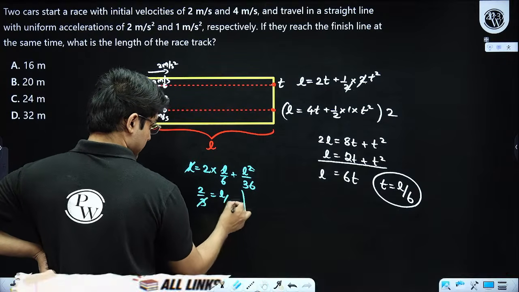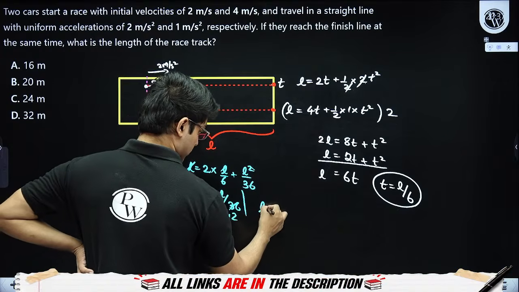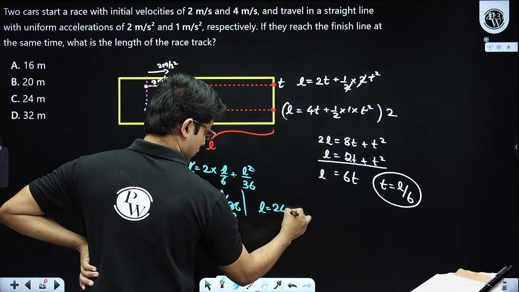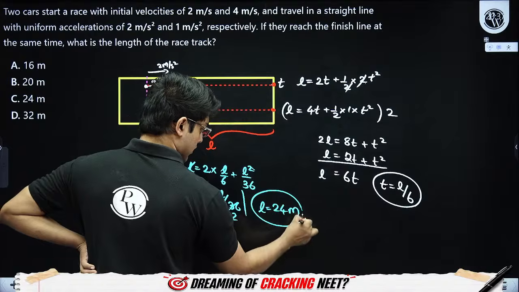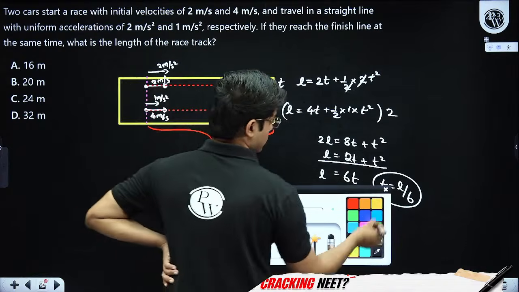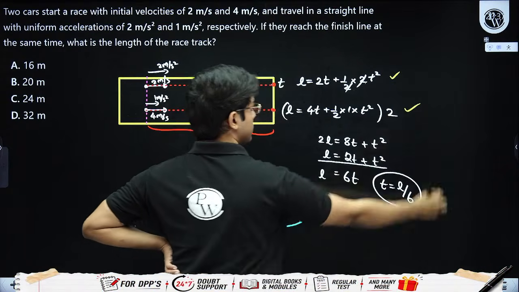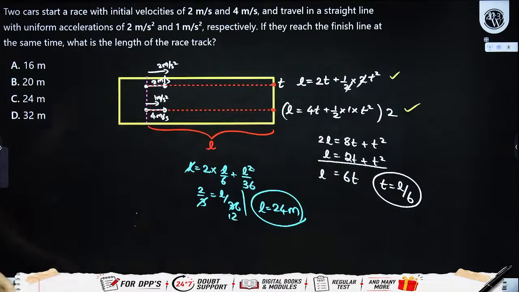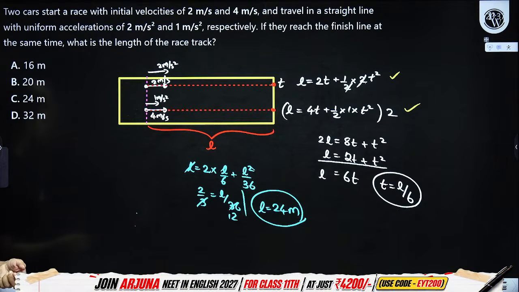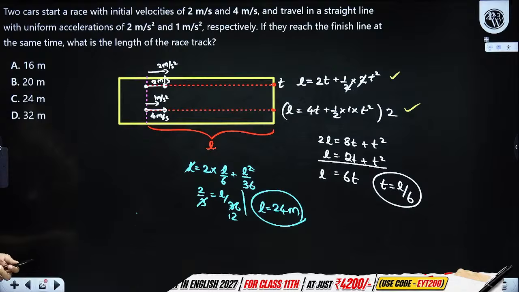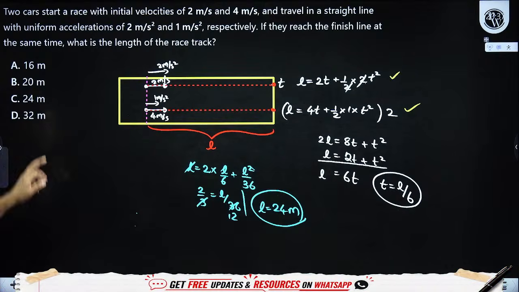So this cancels out 12 times, so L is 24. After that it's just solving, but the main equations are these two. 24, yes, most of you wrote it. 24 is the answer.